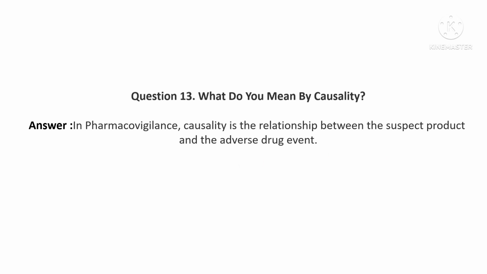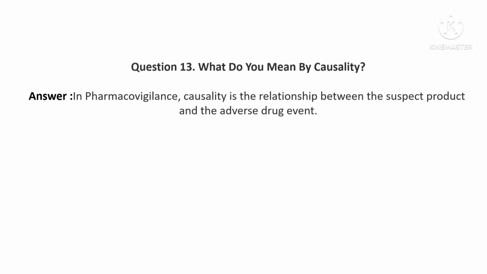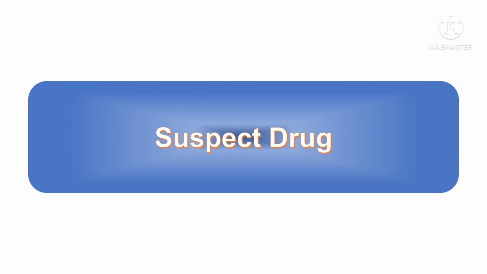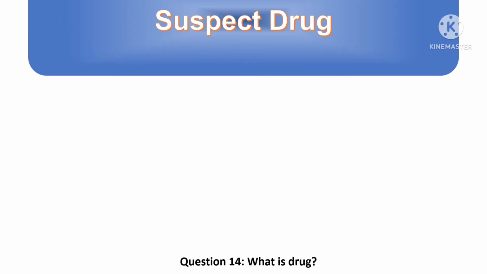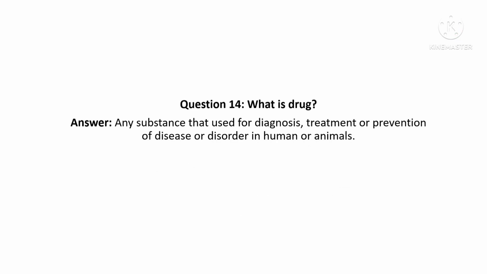We will see the next criteria of validity of ICSR, that is suspect drug. What is drug? This is a very simple question we have studied in first year. Any substance that is used for diagnosis, treatment, prevention of disease or disorder in humans or animals is a drug. But what is a suspect drug?